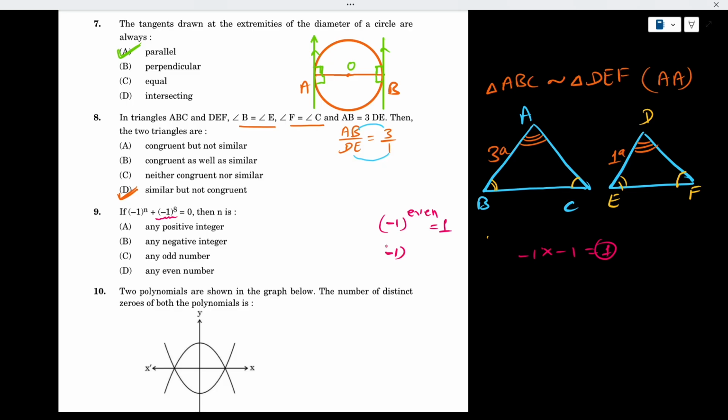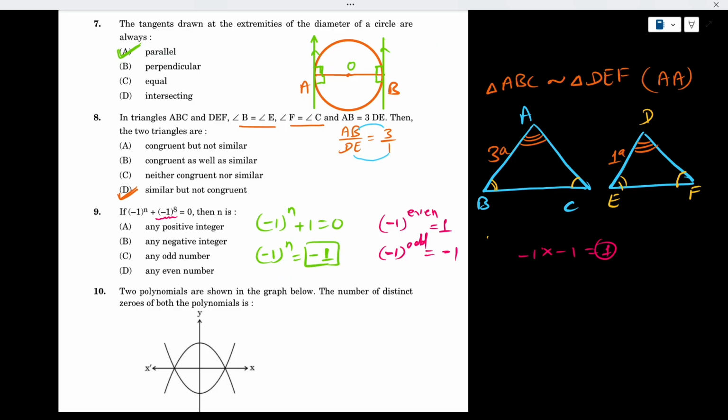And if I multiply minus 1 an odd number of times, that is always minus 1. So if I simplify this, what am I going to get? Minus 1 to the power n plus 1 is equal to 0. So minus 1 to the power n is equal to minus 1. So my answer should be negative 1.